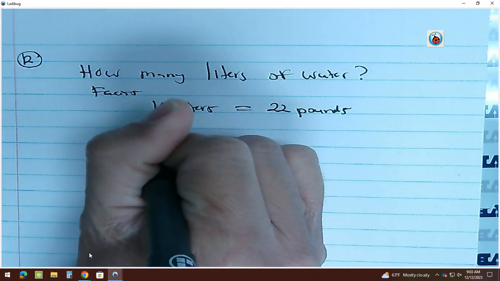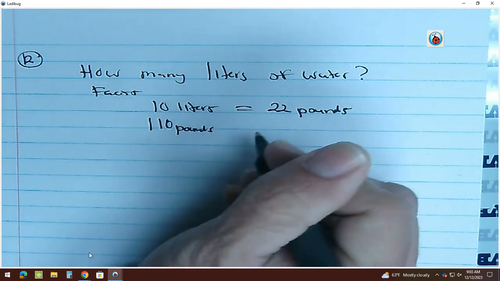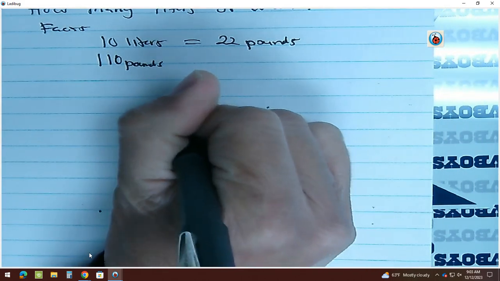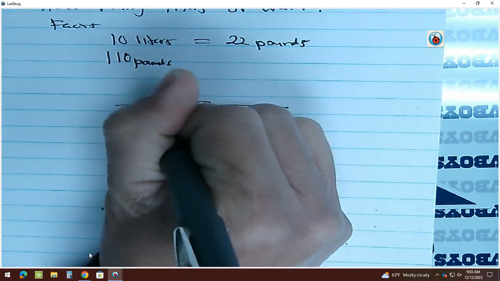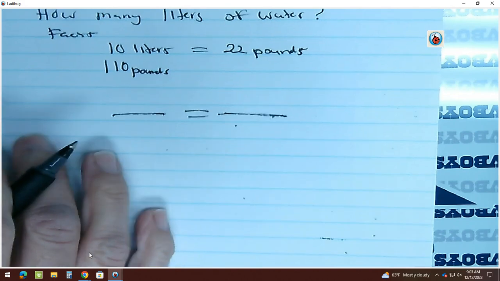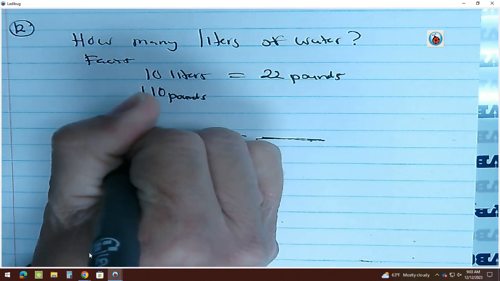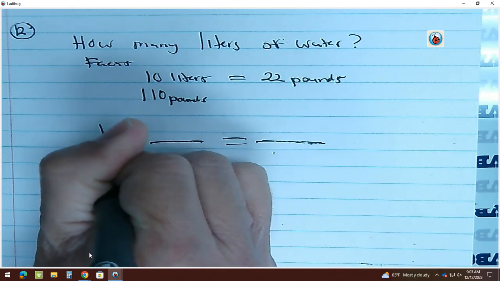The last one is 110 pounds. So I'm going to set up the proportion. What two words am I going to use based on the story? Liters to pounds.